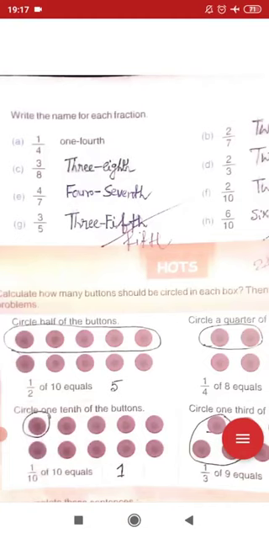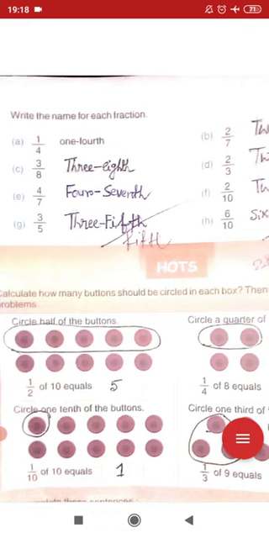Now convert this fractional number into a name using words. 1 is the numerator, then give a hyphen, and then write the denominator, fourth. One-fourth, that is the name.